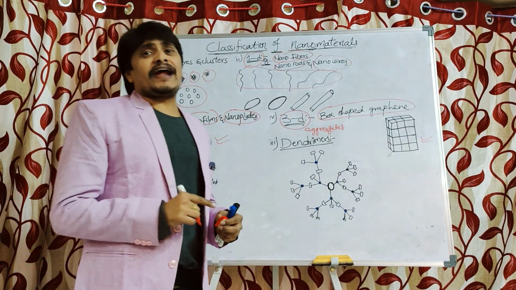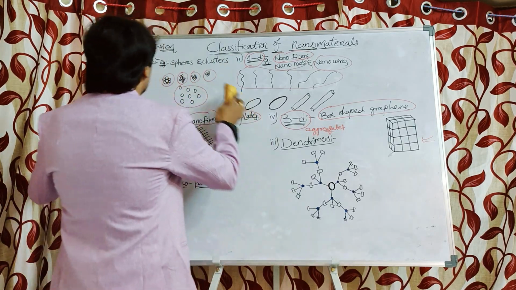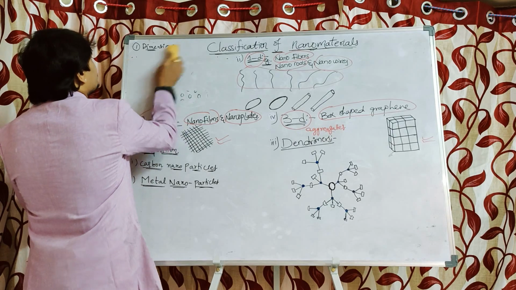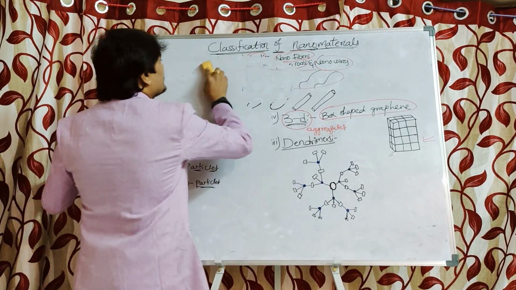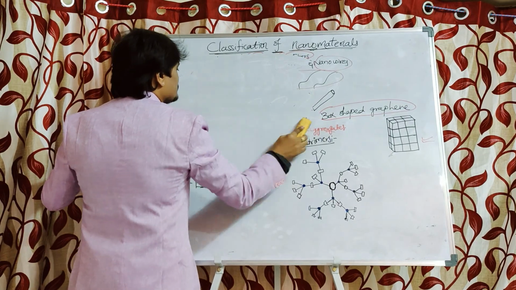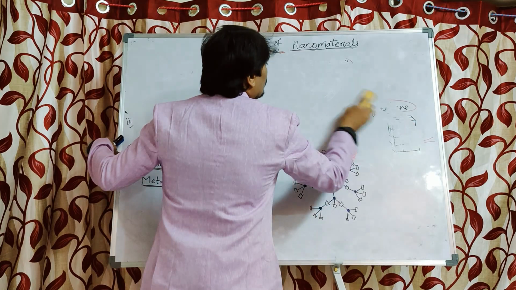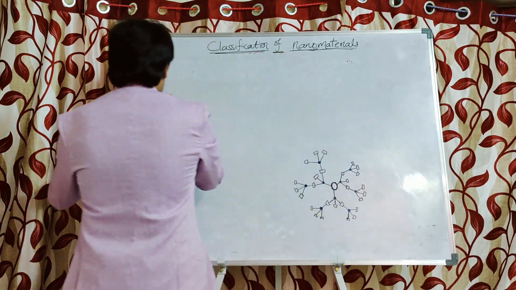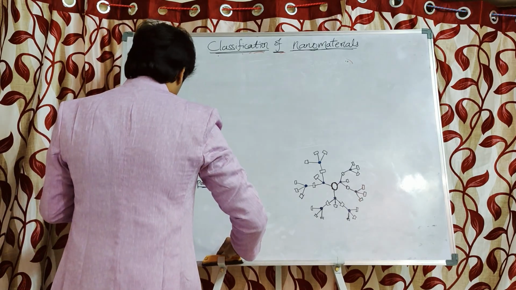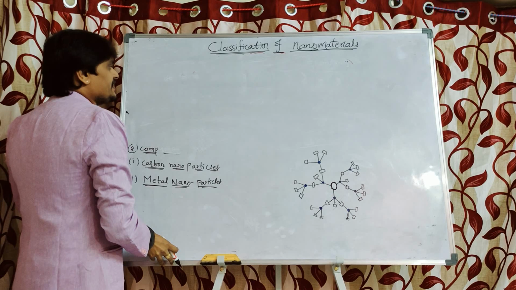Now, what is the next criteria by which we can classify the nanomaterials? The second criteria by which we can classify the nanomaterials is composition, students.